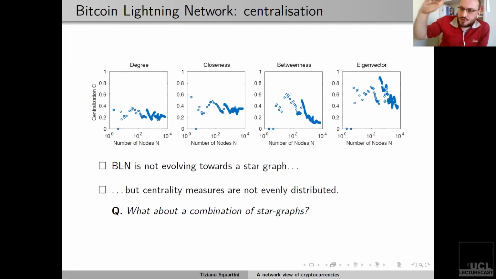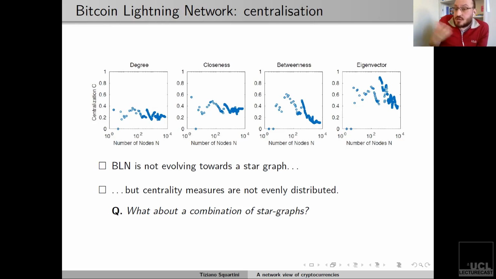Now, if the centralization is 1, then the network is a star graph. We can be not that worried, because the evolution of the centralization remains quite stable and quite far from 1. So the Bitcoin Lightning Network is not becoming like a star graph with one very central node and all the other guys around.